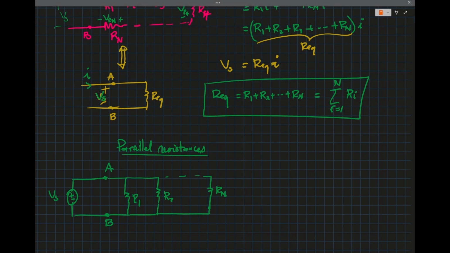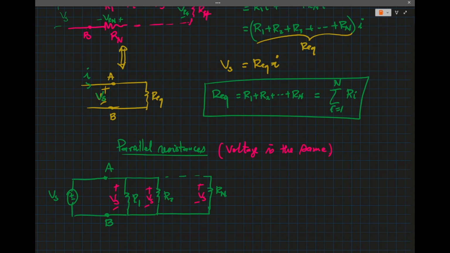The voltage across each is Vs. So in parallel, voltage is the same.